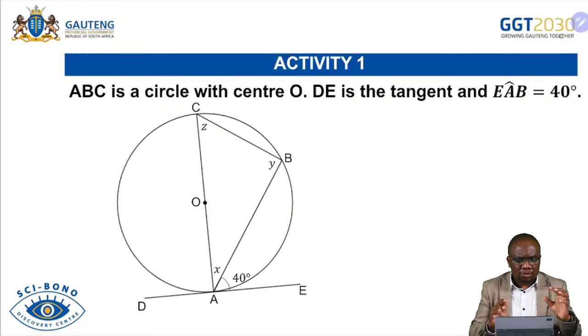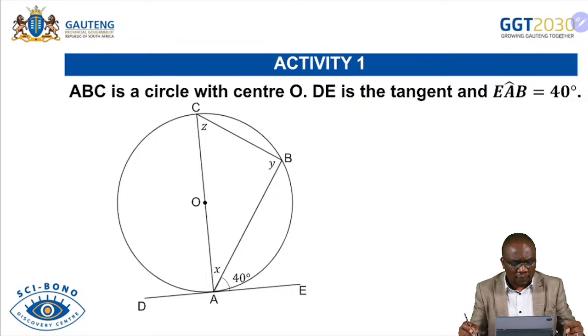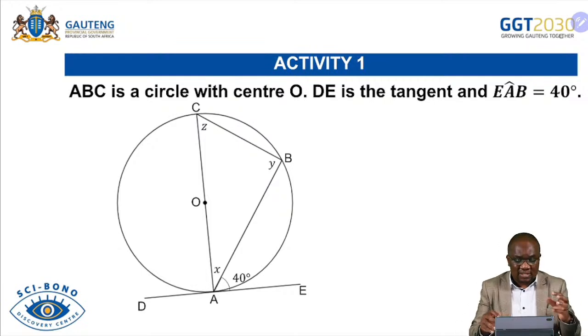Spend maybe 1 minute drawing a rough sketch, and the other minute filling in the information. You can go to the board and assist each other, or discuss as a class. What do you think that angle is? Just recognize things on your own. I'm going to give you 2 minutes.